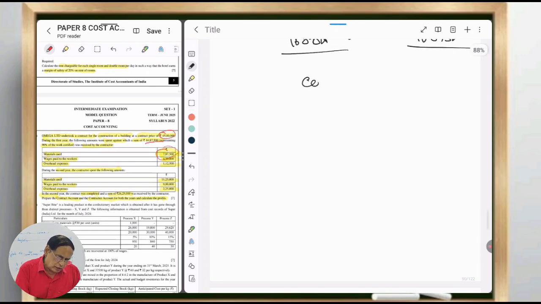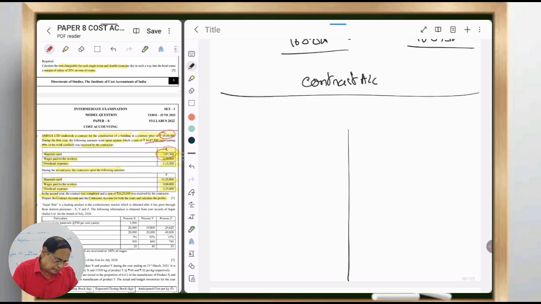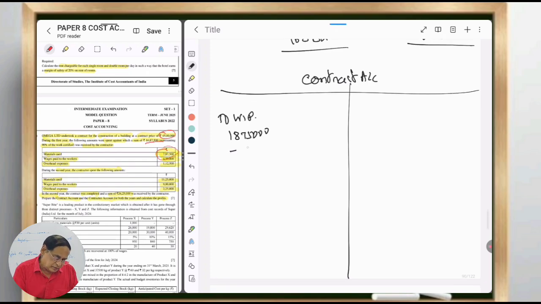And then next year we shall prepare the contract account. So the contract account for next year, to work in progress. How much work in progress during the first year? 18,75,000, out of which it is transferred to the reserve, that is, if I have to deduct 3,67,500. So this is the opening balance.